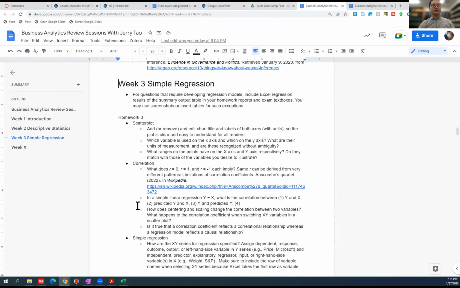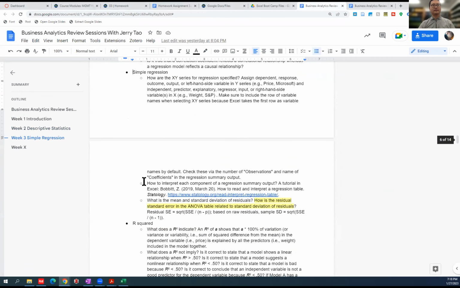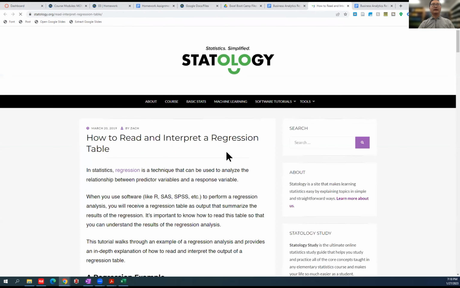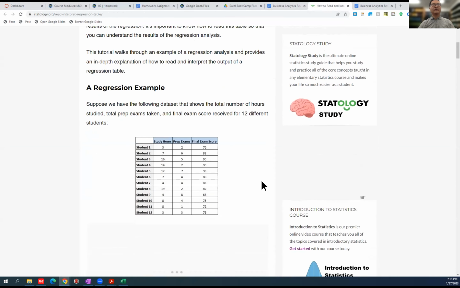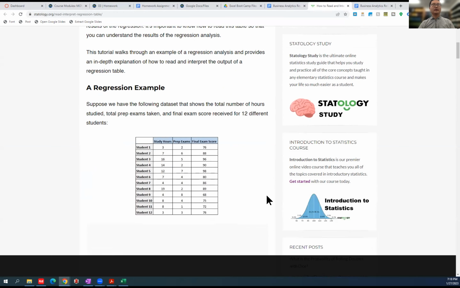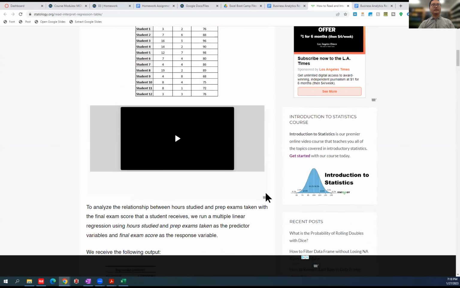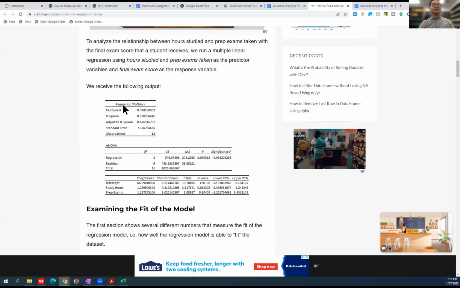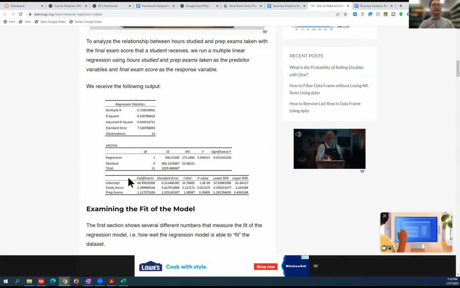In week 3, simple regression, there's one blog, I believe, yes, about how to interpret each component of a regression summary output. This blog explains clearly what each of the 3 parts in an Excel regression summary output table represents, starting from regression statistics, ANOVA, and coefficient table.